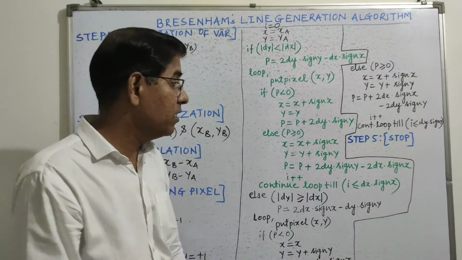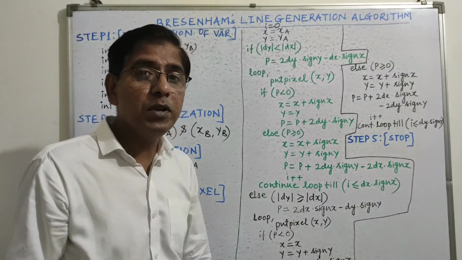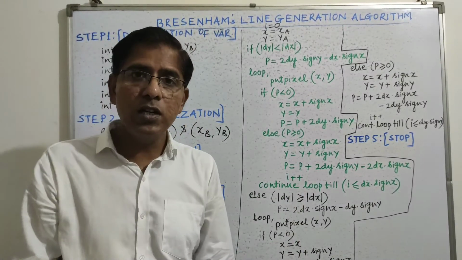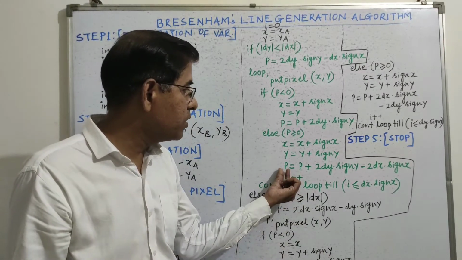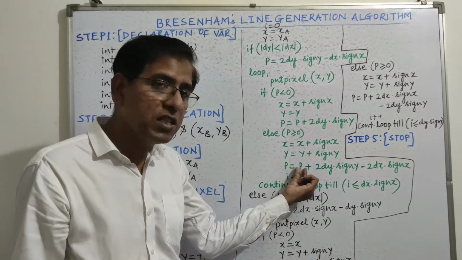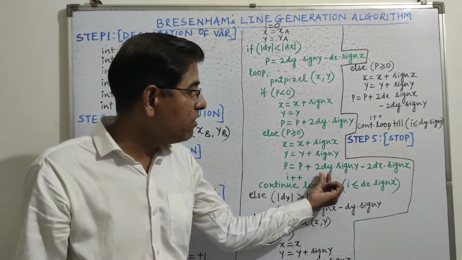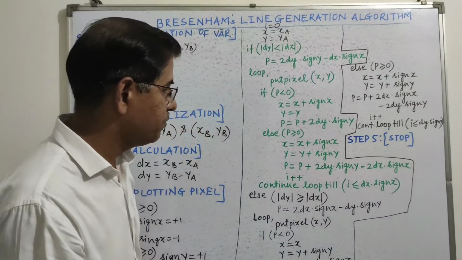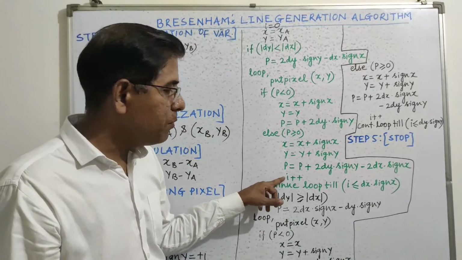So the formula we have derived was p i plus 1 is equal to p i plus 2 dy minus 2 dx. So here it becomes the next value of p will be previous value of p plus 2 dy into sin y minus 2 dx into sin x. I plus plus.